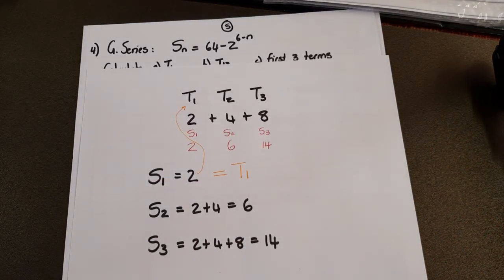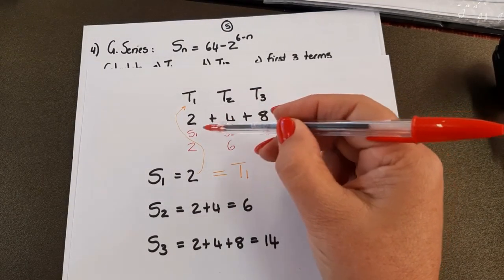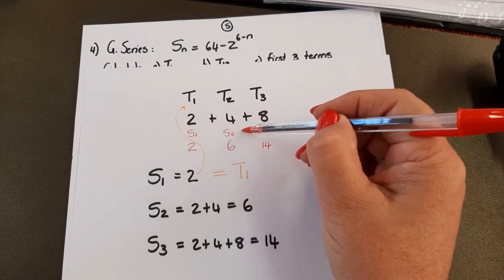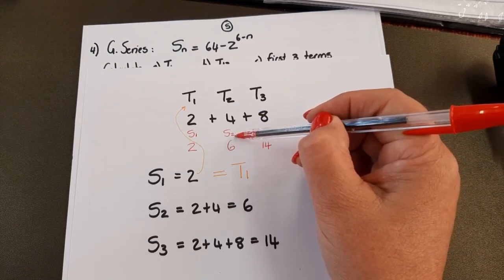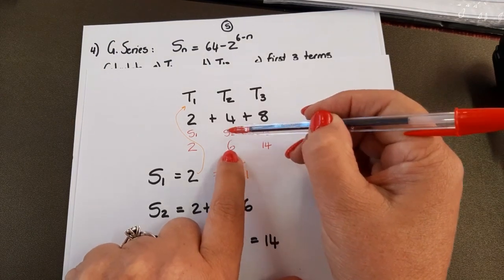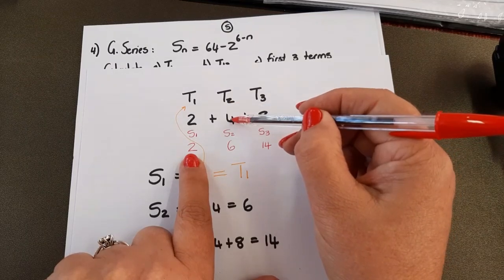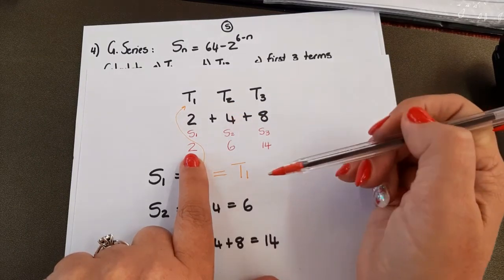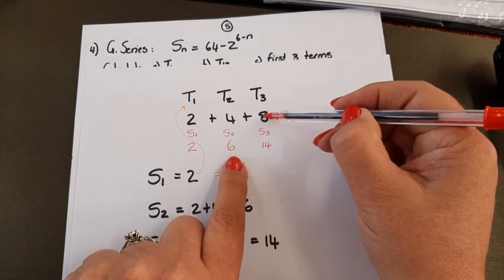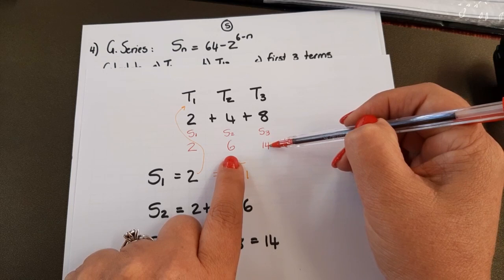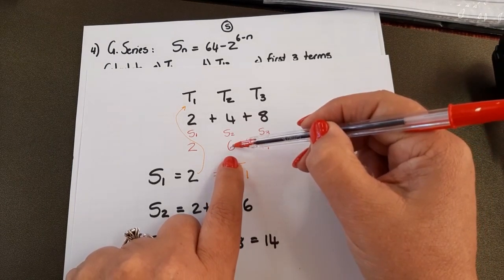Now, if I want to get the value of term 2 by looking at these sums, you can say it's the sum of two terms minus the sum of one term will give you term 2's value. The same applies here. To get term 3's value, I can say it will be the sum of three terms minus the sum of two terms.